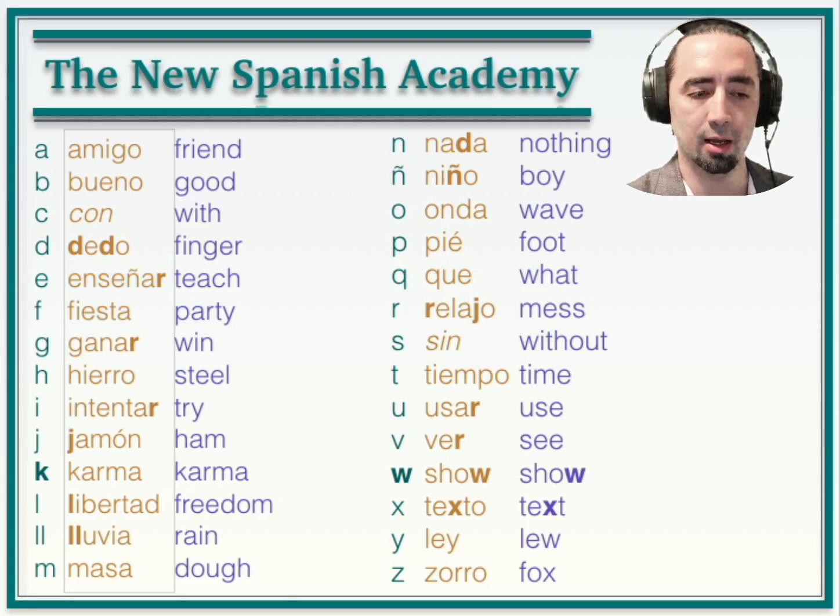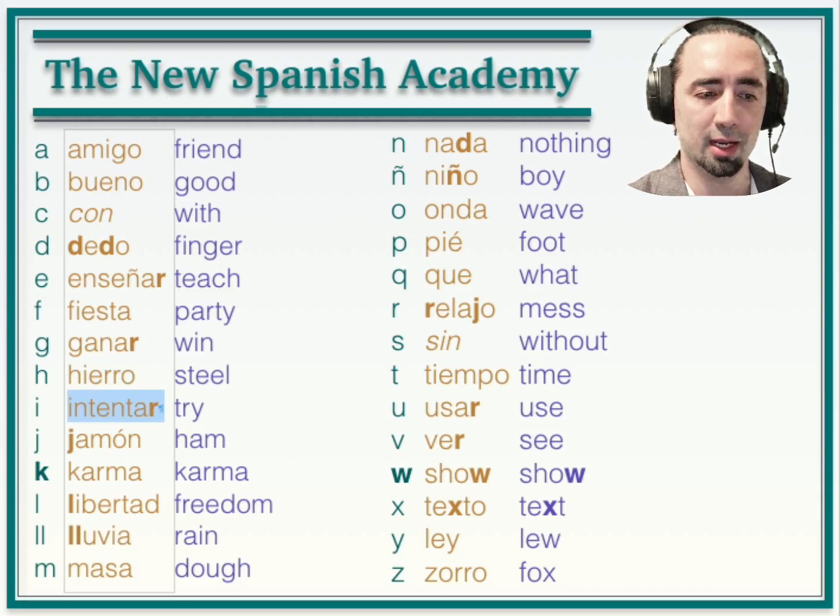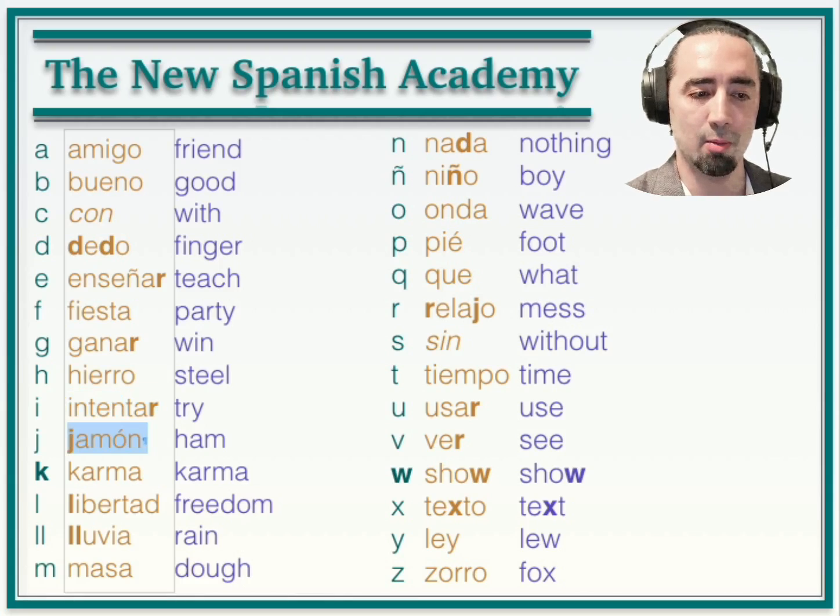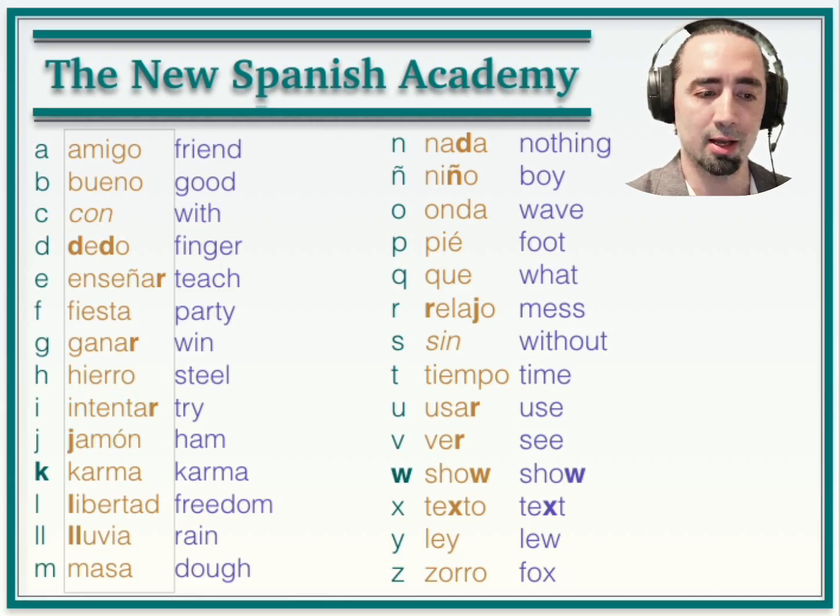F-I-E-S-T-A, ganar. G-A-N-A-R, hierro. H-I-E-R-R-O, intentar. I-N-T-E-N-T-A-R, jamón. J-A-M-O-N, karma.